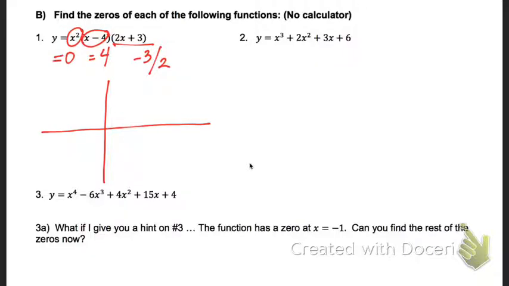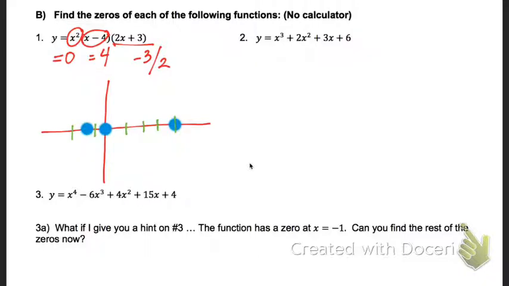Put the zeros down. 4, negative 3 over 2, 0. What is negative 3 over 2? Negative 1 and 1 half, negative 1.5.